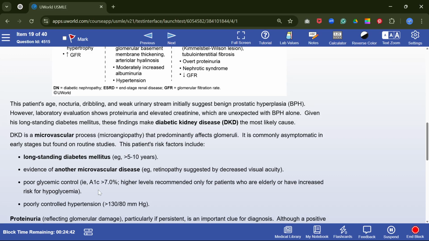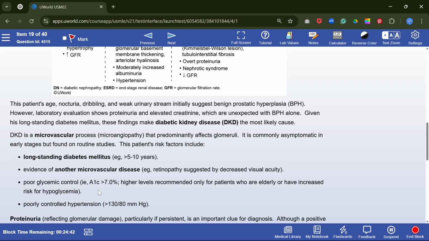If we think in a simplified way, then it will be easier. This patient's age, nocturia, dribbling, and weak urinary stream initially suggest BPH.